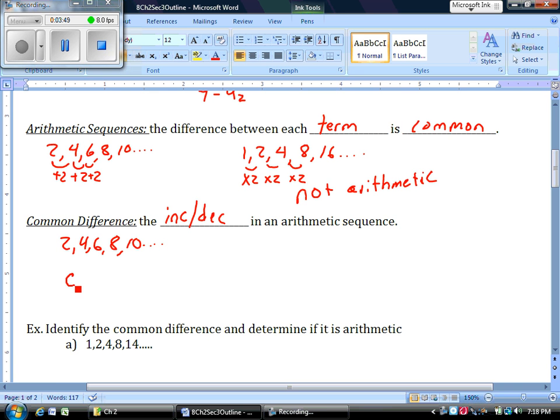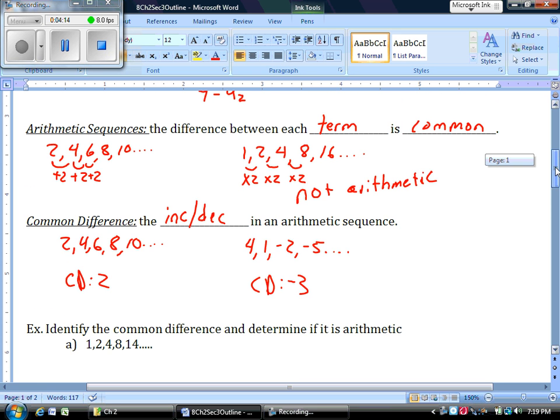The common difference is going to be 2 because it's going up 2 each time. If I were to start at something like 4 and say 1, -2, -5, and so on, my common difference would be -3 because it's going down 3 each time. Okay, so that's all a common difference is.